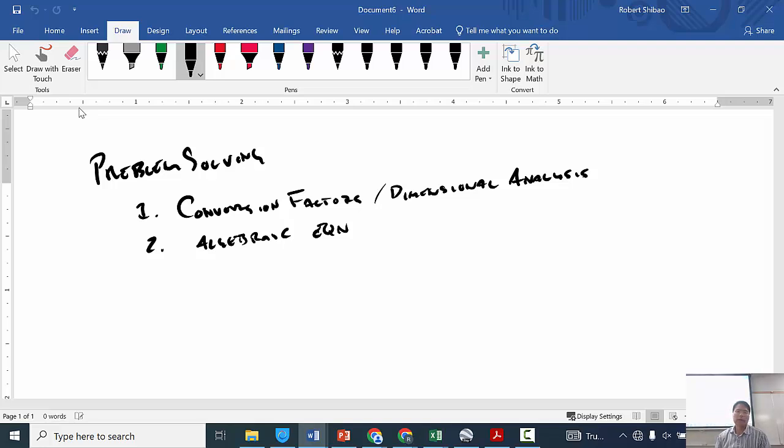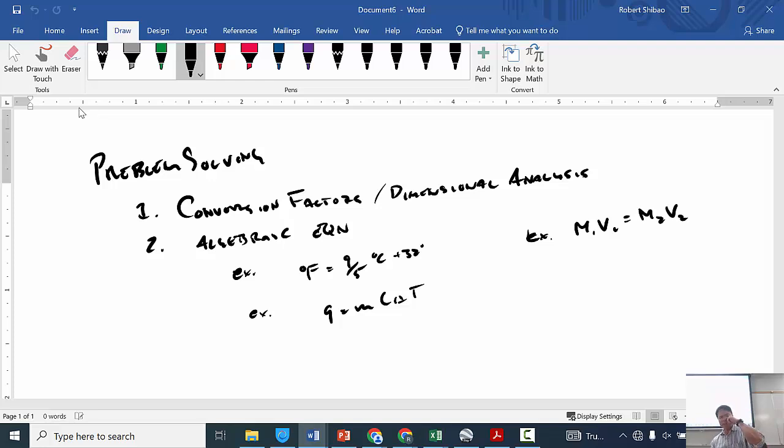Algebraic equations would be like degrees Fahrenheit is equal to 9/5 degrees C plus 32 degrees. Another example would be Q is equal to MC delta T. Another example would be M1 V1 is equal to M2 V2.